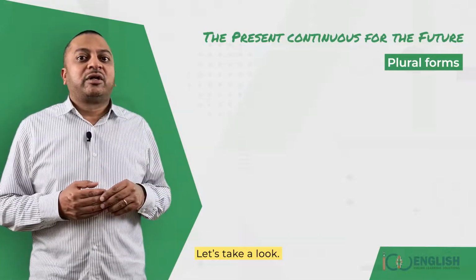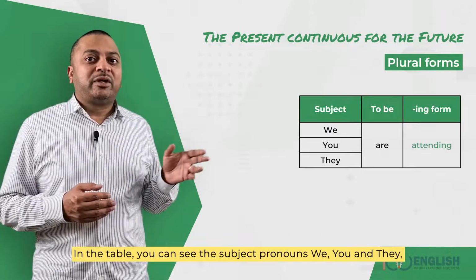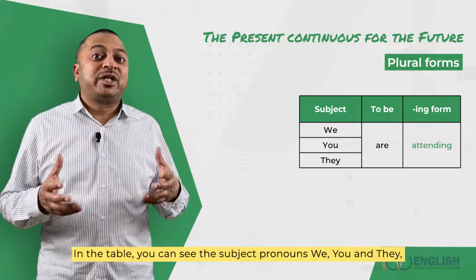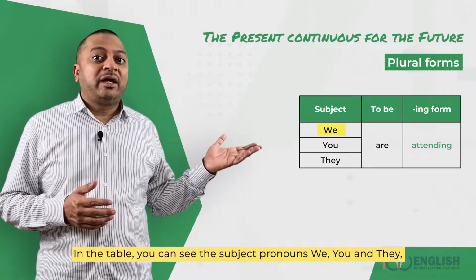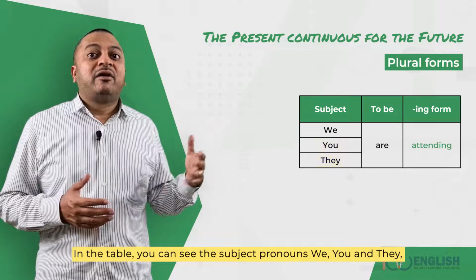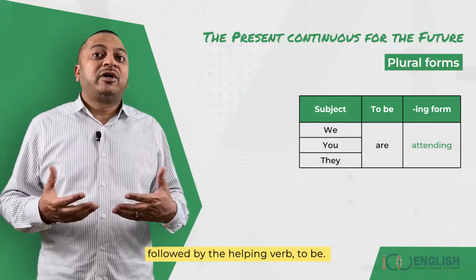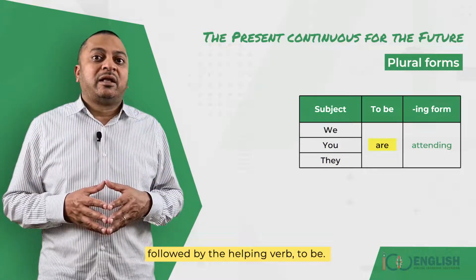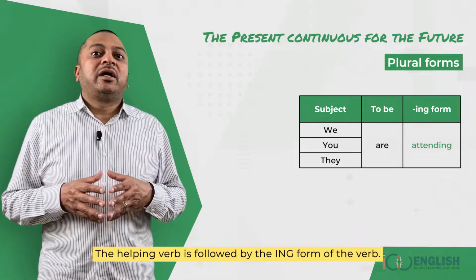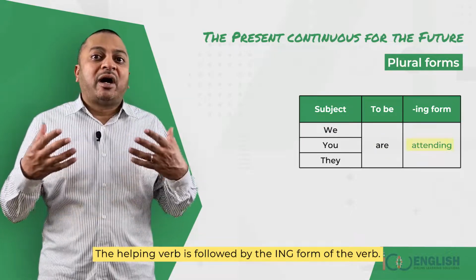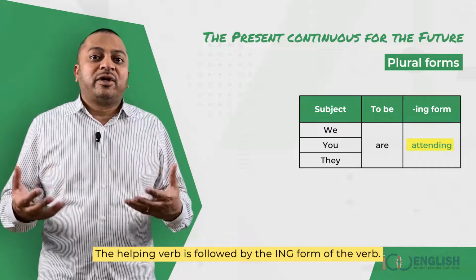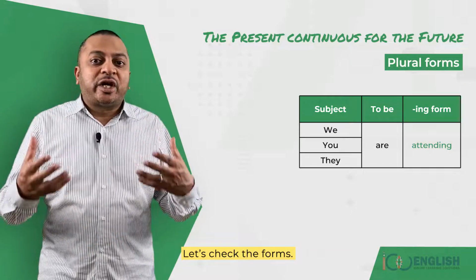What about the plural form of the present continuous for the future? Let's take a look. In the table, you can see the subject pronouns we, you, and they, followed by the helping verb to be. The helping verb is followed by the ing form of the verb. Let's check the forms.